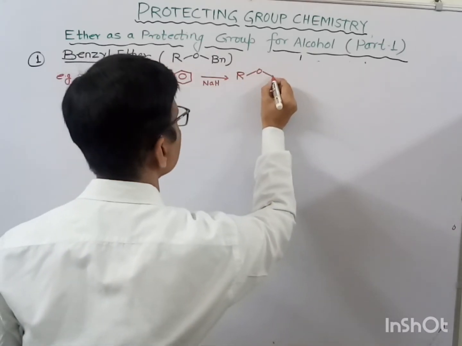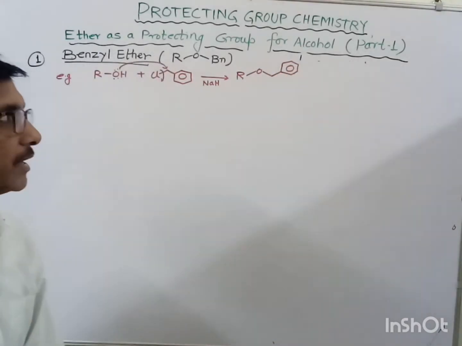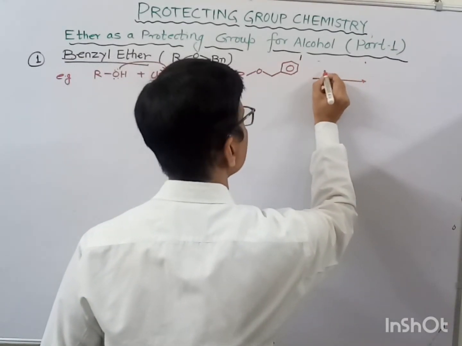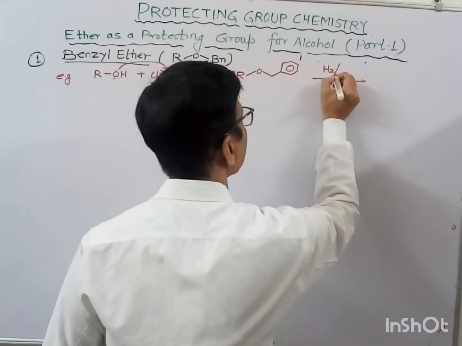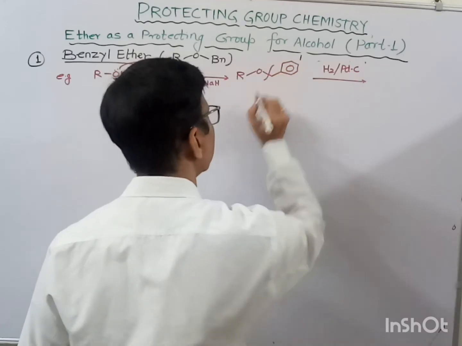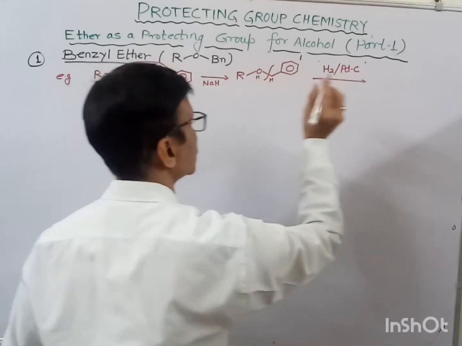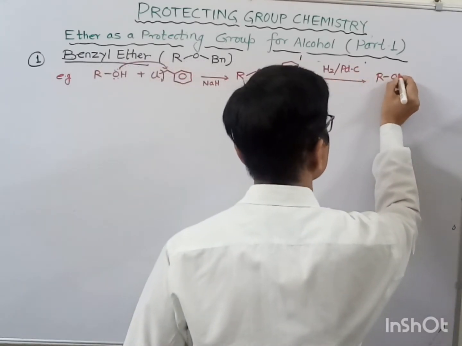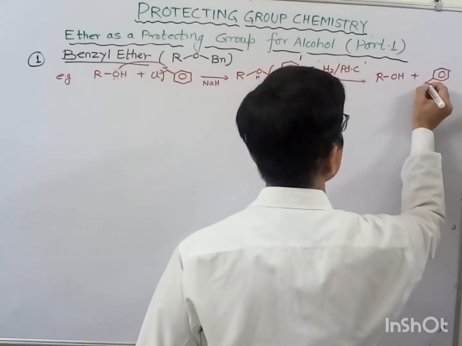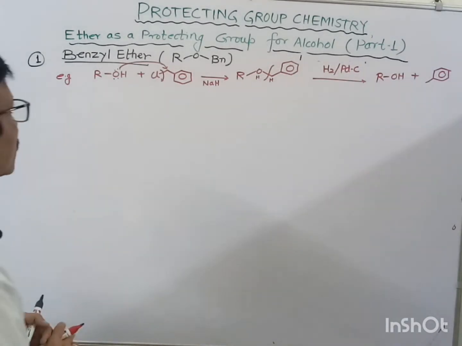This is the protection. For deprotection, hydrogen with palladium on charcoal causes hydrogenolysis of this bond, so one H comes here and the other there, and we get ROH again.